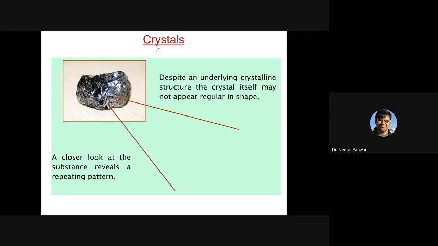So when we say crystal, and we are saying that crystals possess periodic arrangement of atoms or molecules or ions, but if we see the crystal as a whole, despite an underlying crystalline structure, the crystal itself may not appear regular in shape.